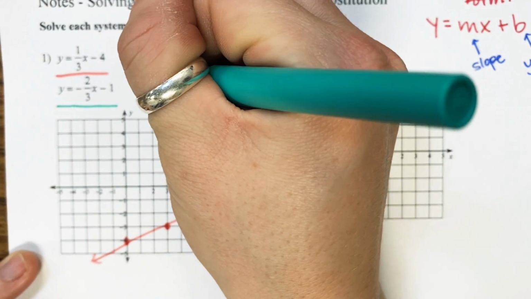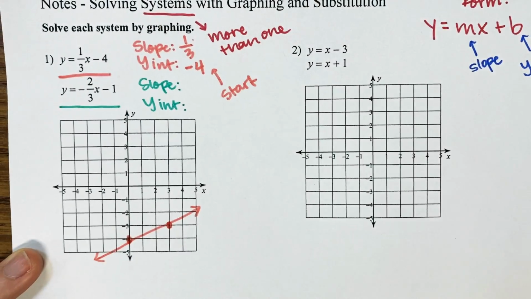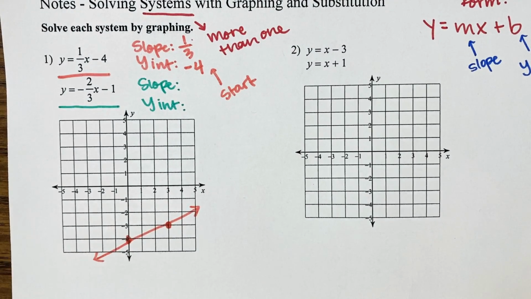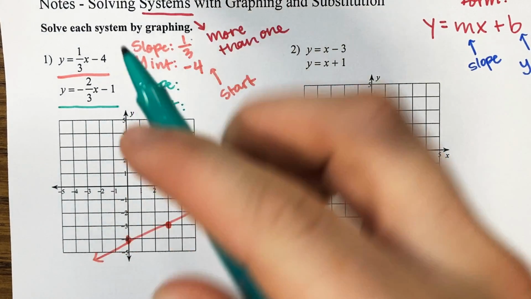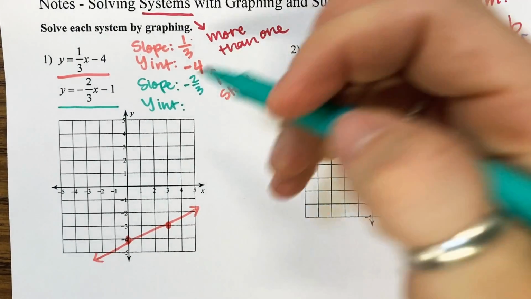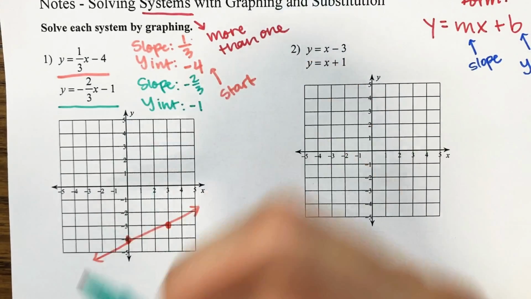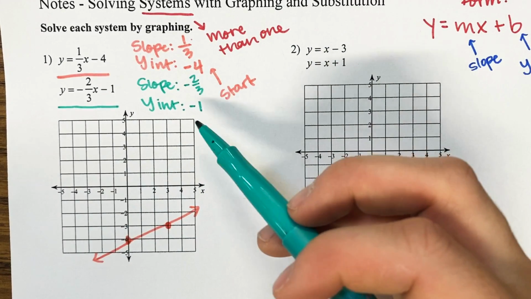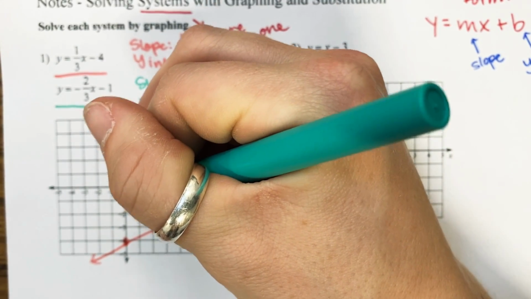Okay. Now we have our green line. So we're going to do the same thing. We're going to identify slope and y-intercept for our green line. Okay? So what is our slope? What's right in front of my x? -2 over 3. Okay, and my y-intercept is -1. Okay, so remember we start with our y-intercept, so find -1 on your y-axis, right there.